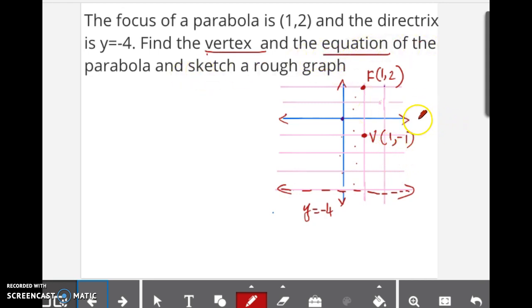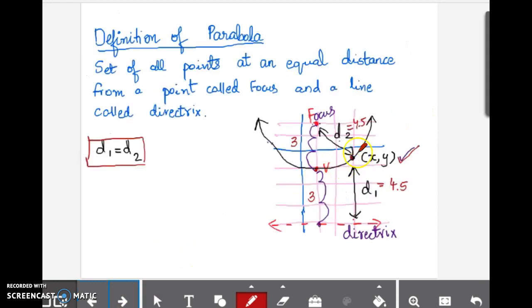To find the equation of this parabola, we're going to pick a random point (x, y), and by the definition of a parabola, the distance from that point to the directrix, let's call that d1, and the distance from that point to the focus, let's call that d2, are going to be equal.